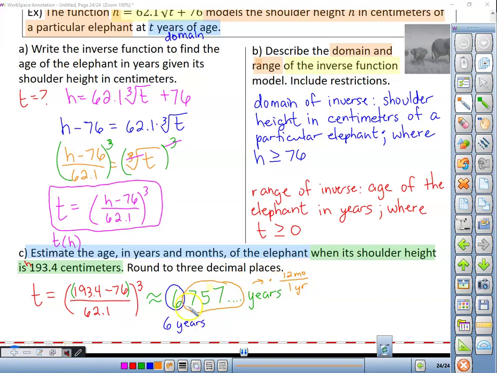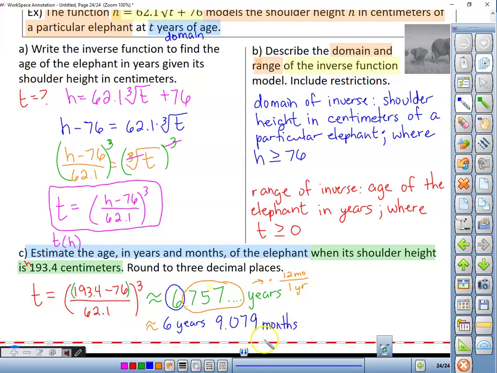So remember, what you want to do is simply subtract off the 6 in your calculator, so you're left with all of this decimal, and then take that times 12. And now I would say round to 3 decimal places at this point. So this would become an approximate quantity still, and you would get 9.079, and that would be your months.